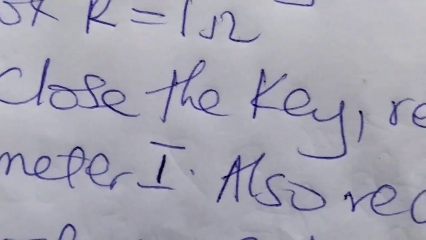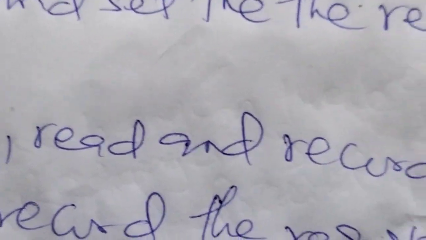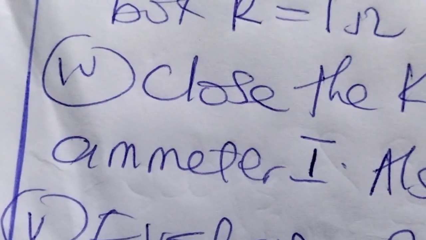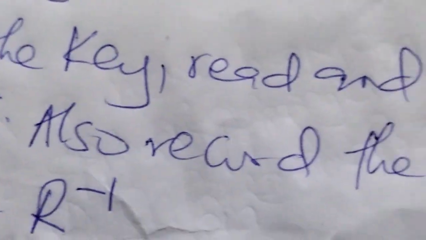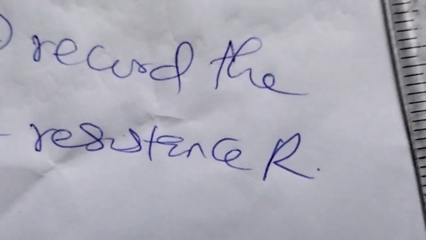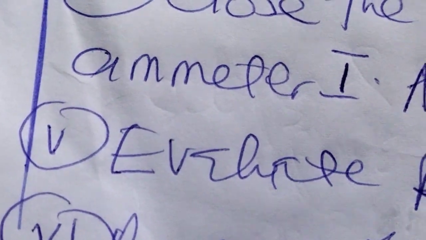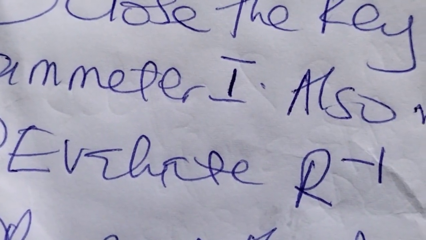IV, close the key, read and record the ammeter reading I, that is the current, the value on the ammeter. Also record the resistance R. V, evaluate R raised to power minus 1, that is R inverse.